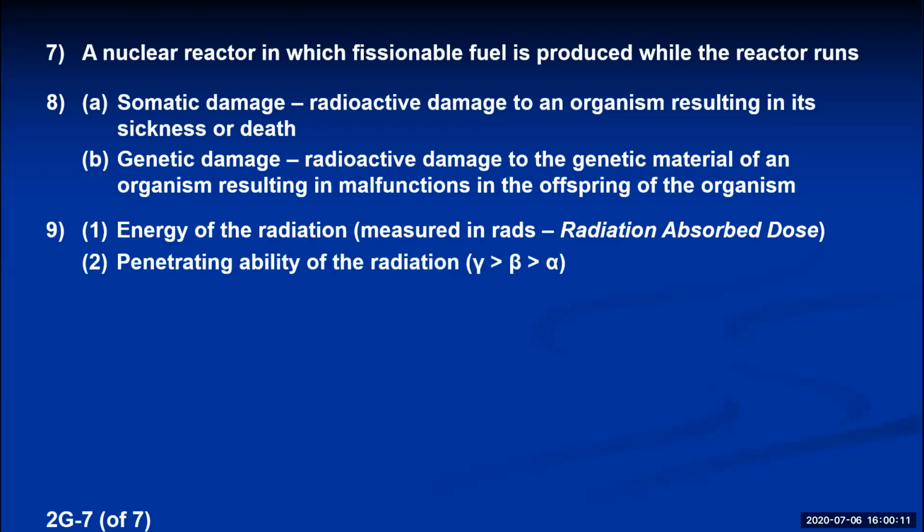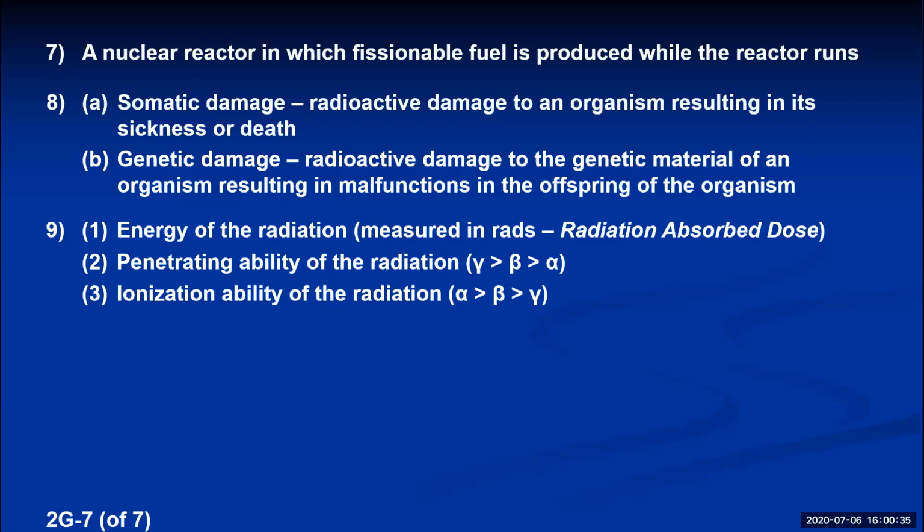Second factor is the penetrating ability of the radiation. That really is determined by whether the radioactivity is giving off gamma rays, beta rays, or alpha rays, or particles actually. And we know that gamma rays are way more penetrating than beta particles. Beta particles are way more penetrating than alpha particles. So in this case, gamma radiation is the most damaging to living organisms.